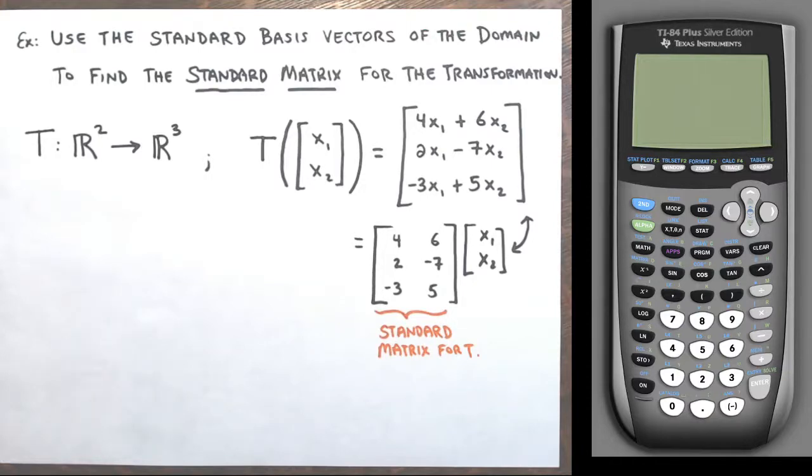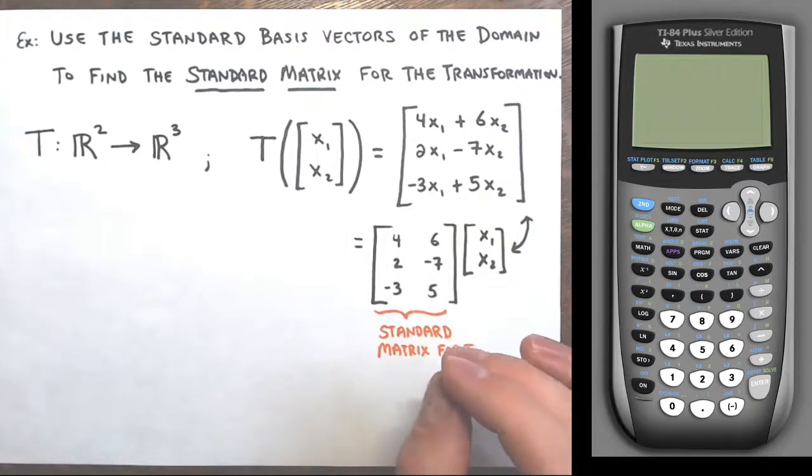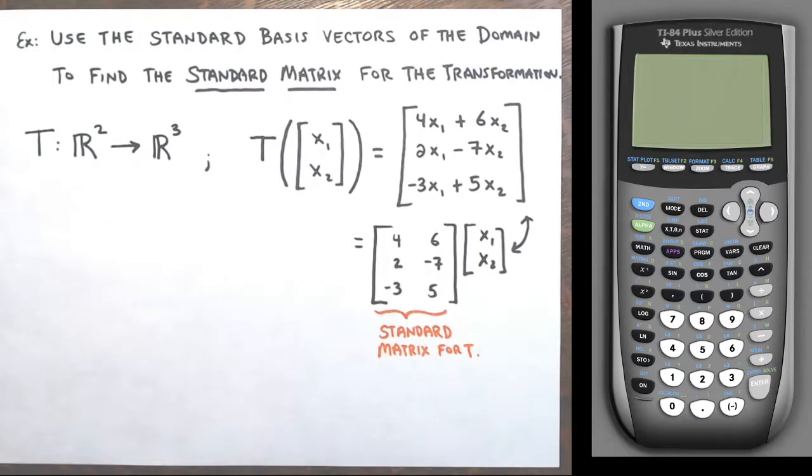And you can use a basis for the domain, which sometimes won't be a Euclidean vector space. It might be some other vector space. You can use the basis for a domain to help you find the matrix that defines the transformation. So again, it's very simple right now. We don't really need to do this right now, but it will be beneficial later on.